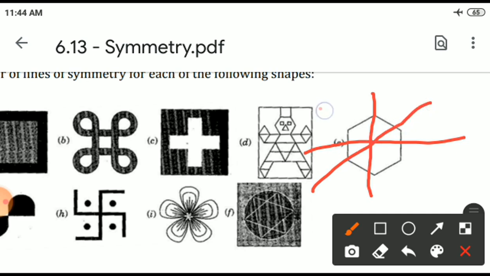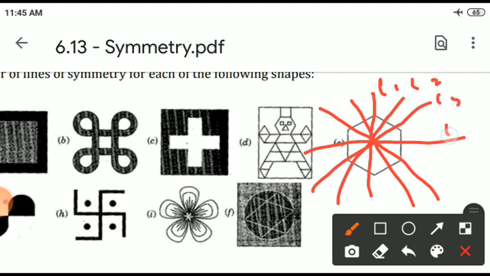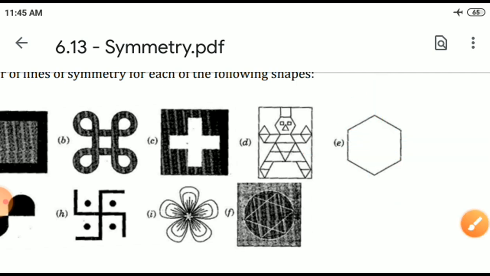Diagonally 3, correct. This diagonally 3, correct. Okay, now still 2 more are there. One is this way. Cut this in half and cut this in half. How many did we get, beta? L1, L2, L3, L4, L5, L6. Isn't it? So here you can find 6 lines of symmetry.